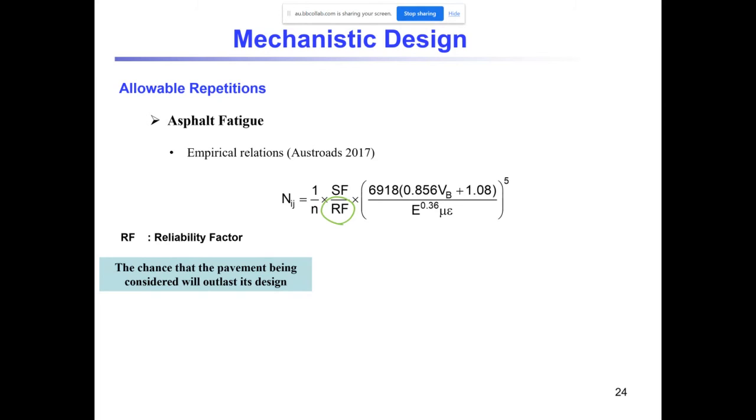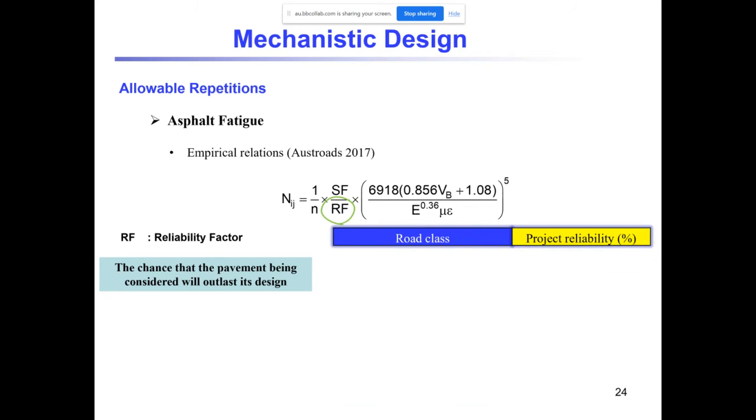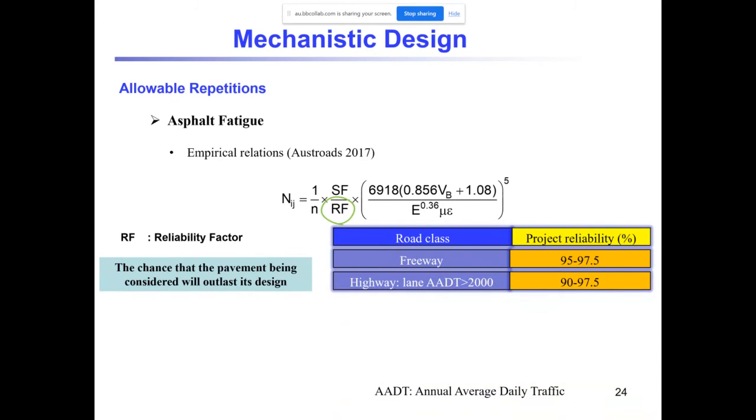How can we determine this reliability factor? The reliability factor is the chance that the pavement being considered will outlast its design. And of course, when we are dealing with an important road with a high level of traffic, you need to consider a higher level of reliability. For example, for a freeway with a large design traffic, the project reliability is 95 to 97.5%.